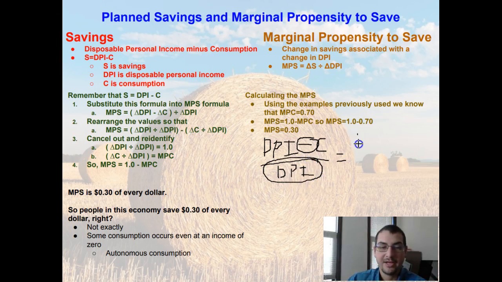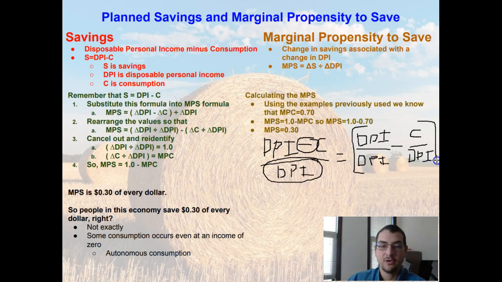So what I mean by that is we can split this up to where we say disposable personal income divided by disposable personal income minus consumption over disposable personal income. So, what can we do with this formula?